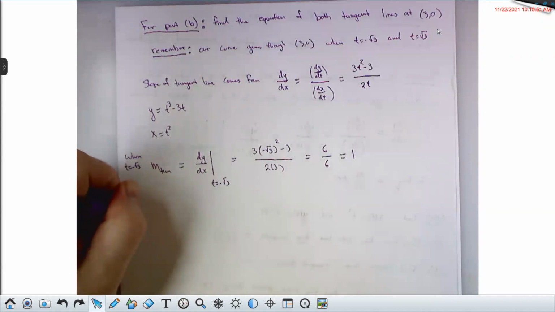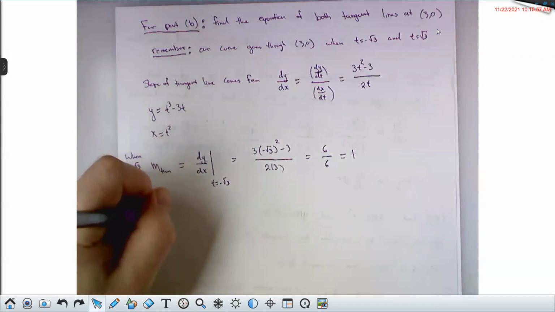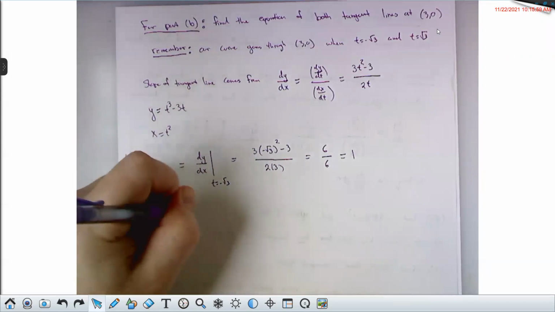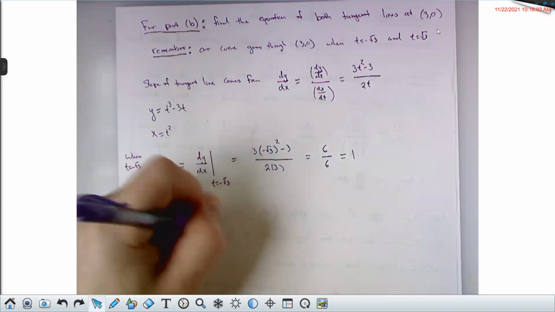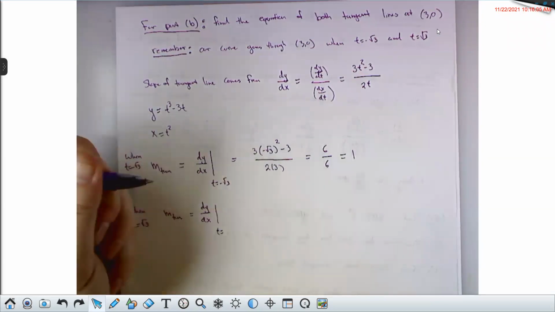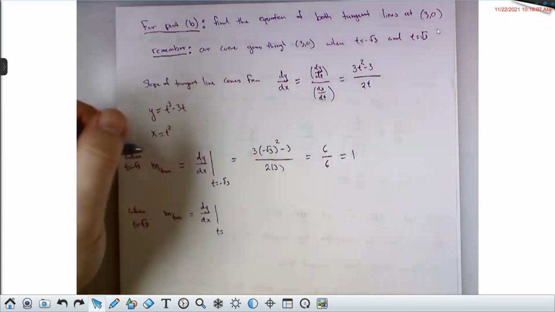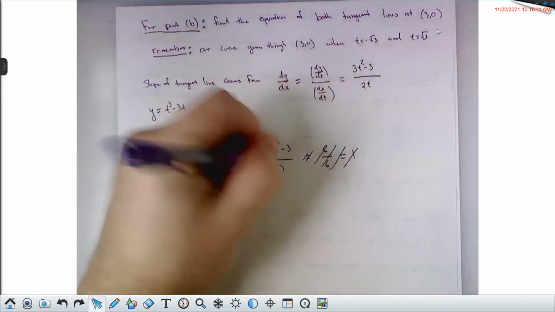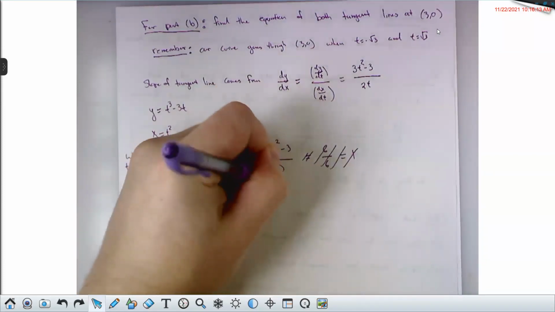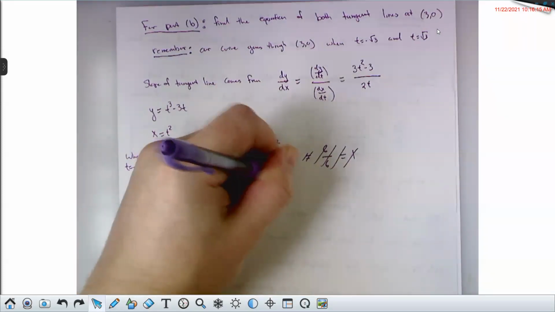And when t is equal to the positive square root of 3, the slope of the tangent line is dy dx evaluated at t equals positive. Oh, no. I'm sorry. This is a square root of 3. I'm so sorry. I knew something looked funky there. This should be 2 times negative square root of 3, right?